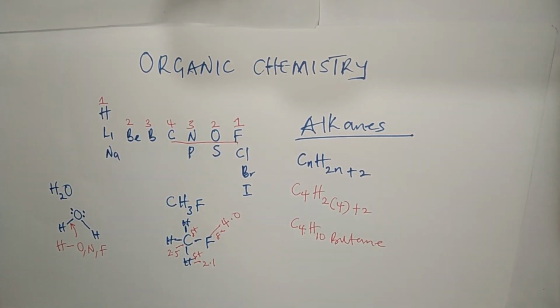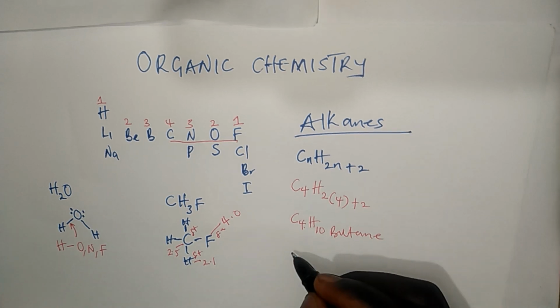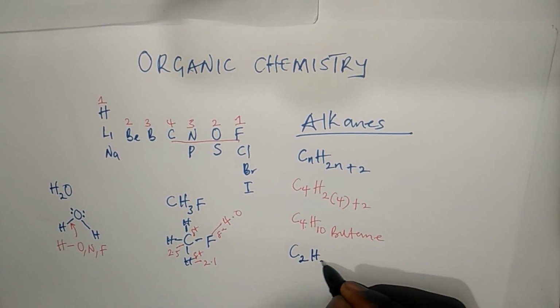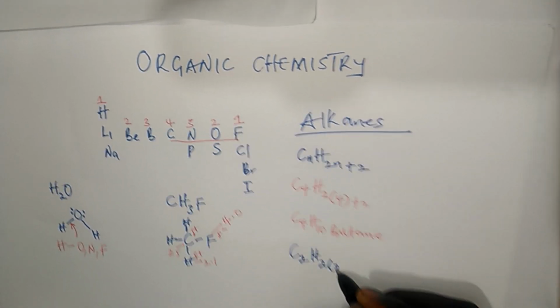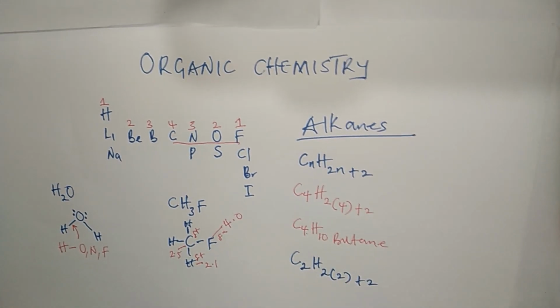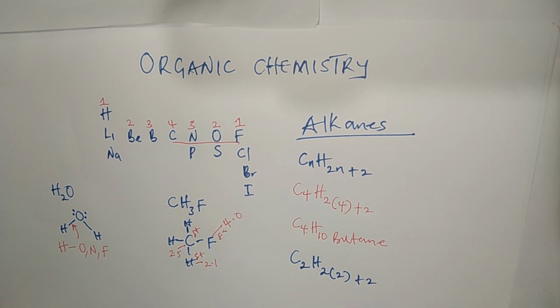Take for instance, you want to calculate for a 2 carbon chain. Wherever you see n, you place 2. So you have C2H(2×2+2).